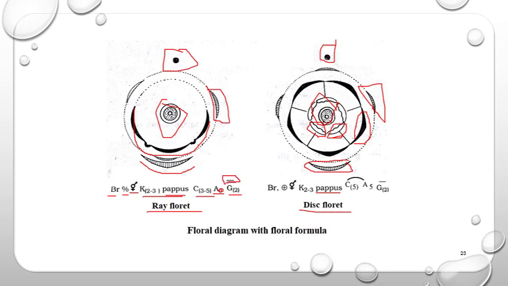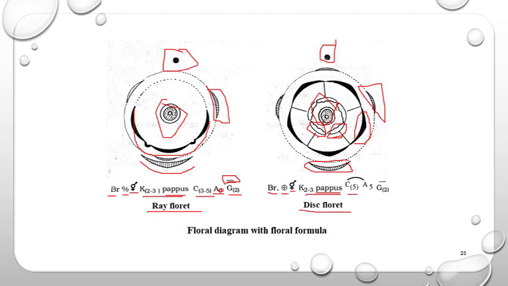Similarly, in this case, the flower possesses bracts, bracteate, then it has actinomorphic symmetry, and you can say that it is bisexual. Calyx converts itself into a pappus or modified structure. Then we have the corolla. The number of corolla is 5.